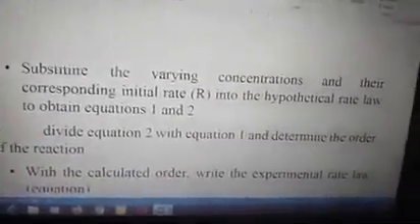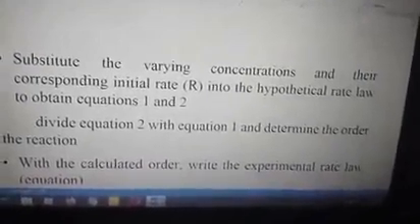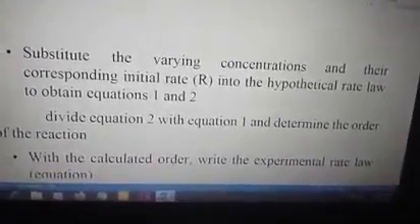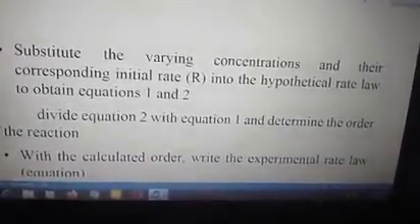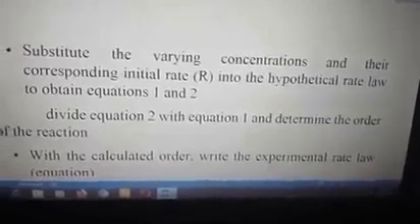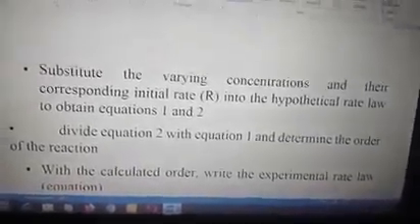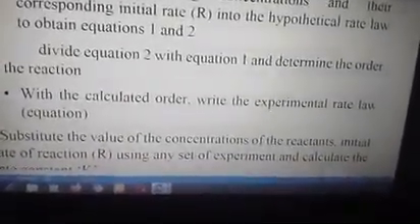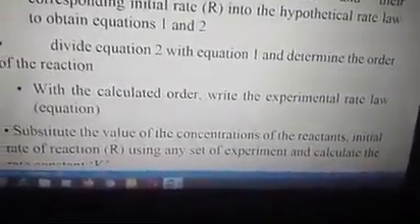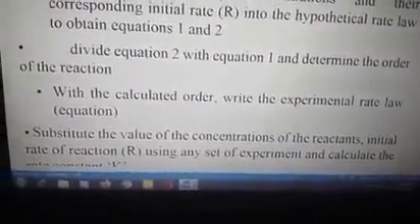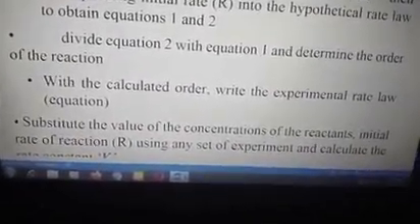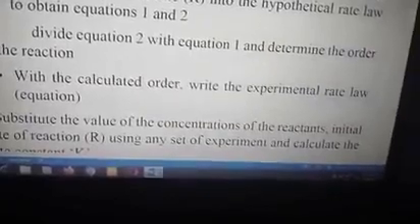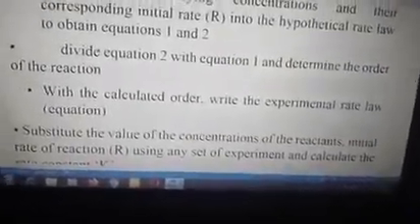Then substitute the varying concentrations and their corresponding initial rate R into the hypothetical rate law to obtain equations 1 and 2. Then the fourth step, divide equation 2 by equation 1 to determine the order of reaction. Then the fifth step, with the calculated order, write the experimental rate law or equation.